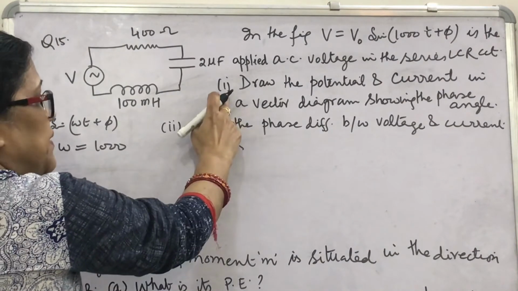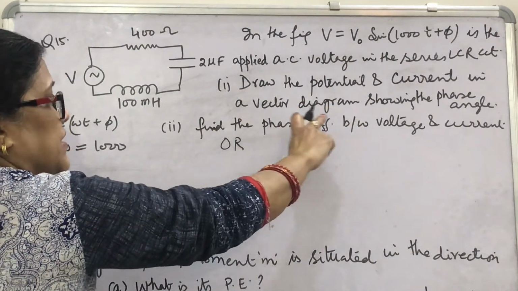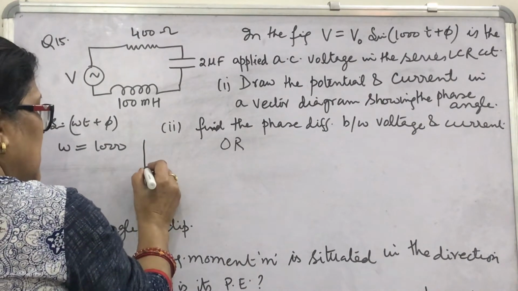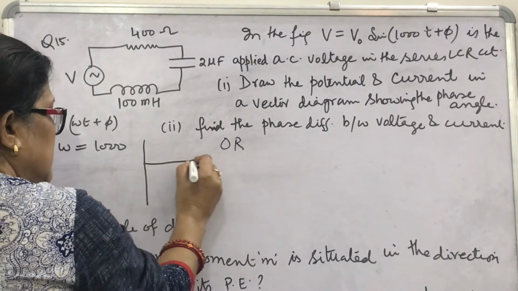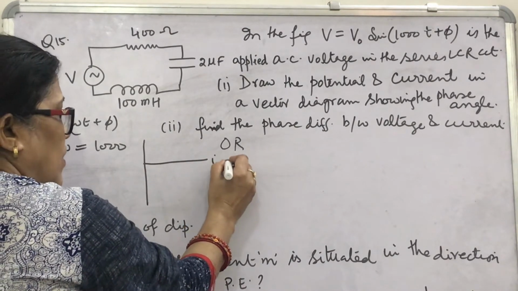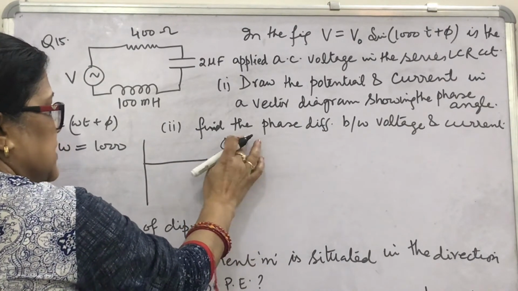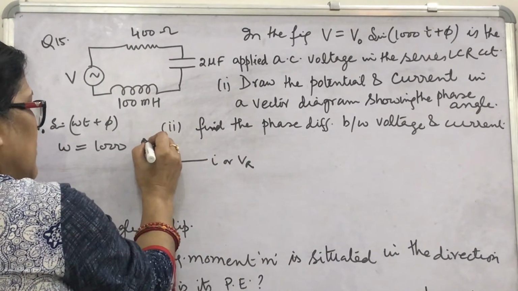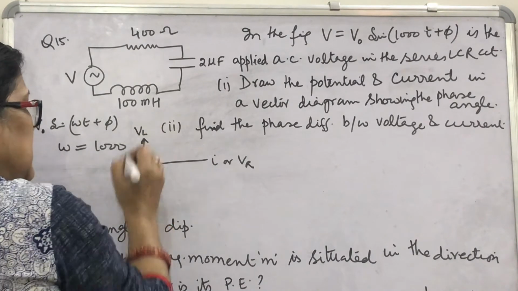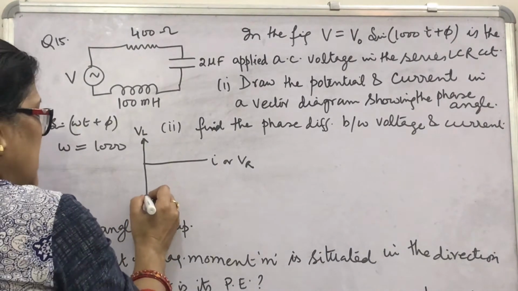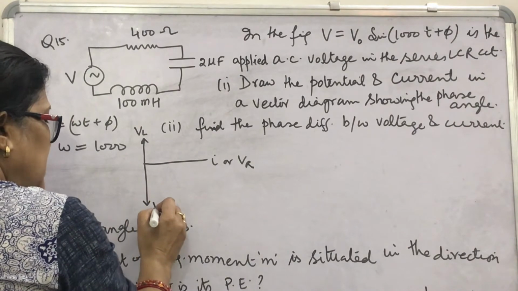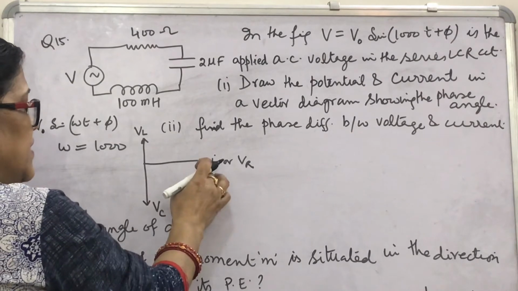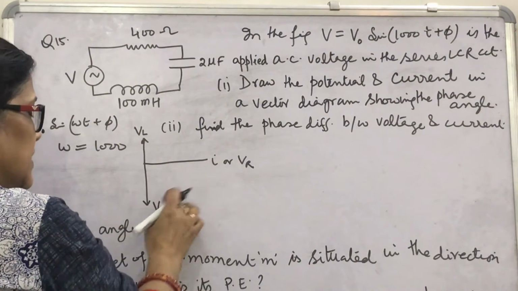First part, draw the potential and current in the vector diagram, that is the phasor. You know, if this is the current or voltage across the resistance, then this will be the VL, as voltage leads the current, and this will be the VC, as voltage is lagging behind the current in a CR circuit.